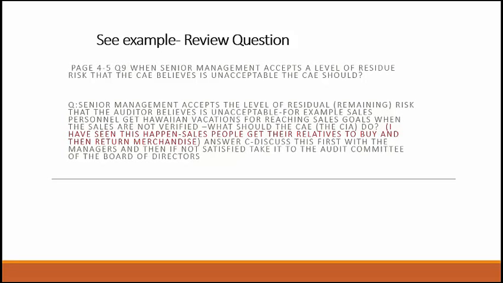So in this example that I've seen, salespeople get their relatives to buy, they get the trip to Hawaii, and then 3 weeks after the Hawaii trip, everybody returns the merchandise. Okay, that's a problem. That's a big control risk, and the control risk there is that we're not validating that these are legitimate customers before completing the sale.